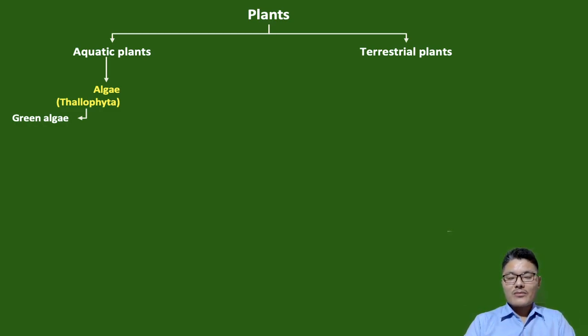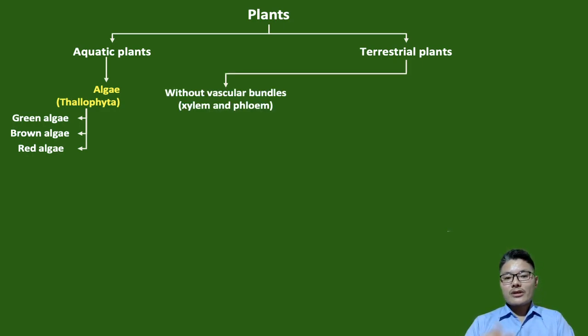So algae can be chlorophyceae, which are usually green algae. We also have phaeophyceae, which are brown algae, and rhodophyceae, which are commonly known as red algae. Now, terrestrial plants can be plants without vascular bundles, without conducting tissue.